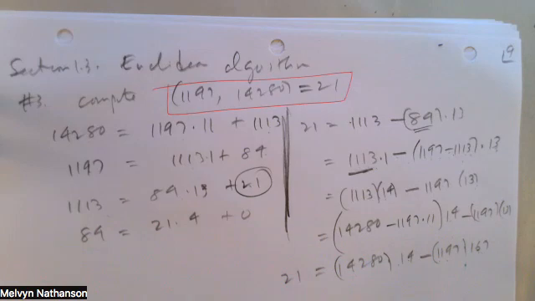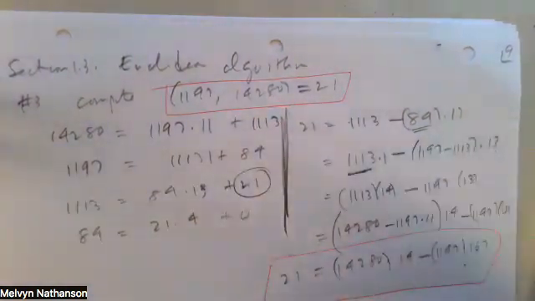So let me just use my calculator or computer to check that this is correct. 14,280 times 14 minus 1197 times 167 is 21.